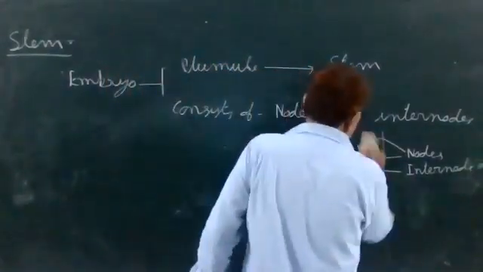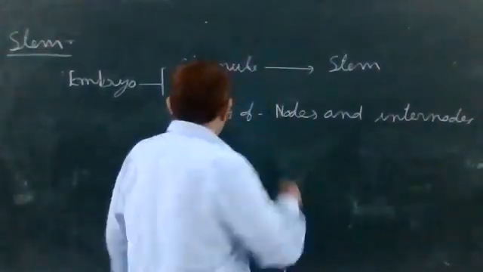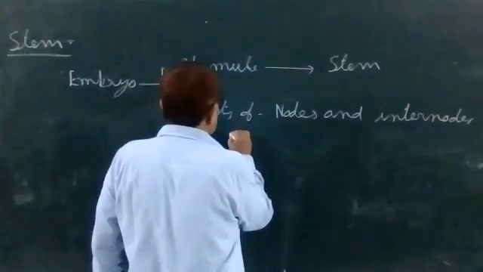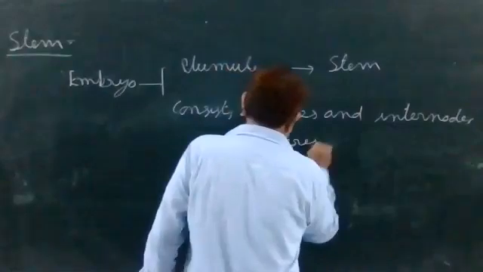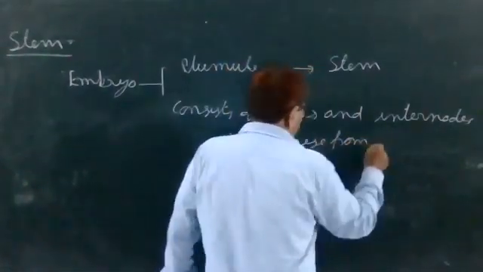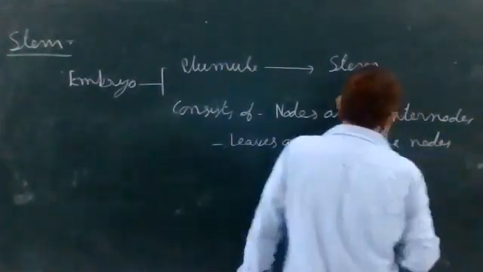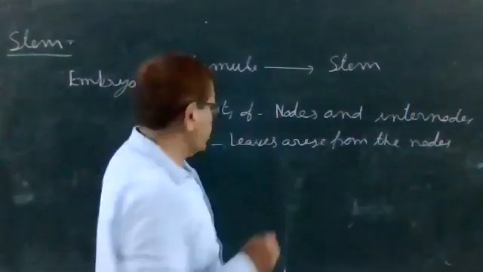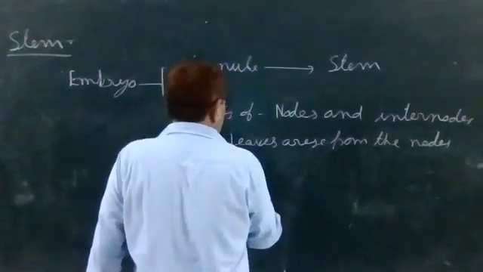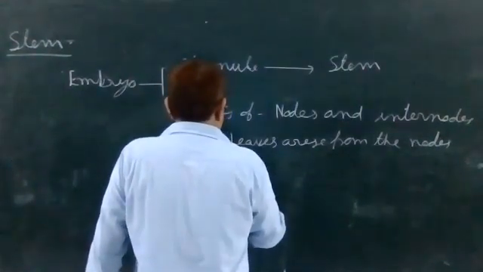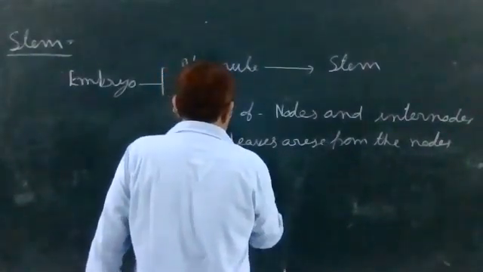So nodes and internodes, you know very well. Leaves arise from the nodes and may contain axillary buds.